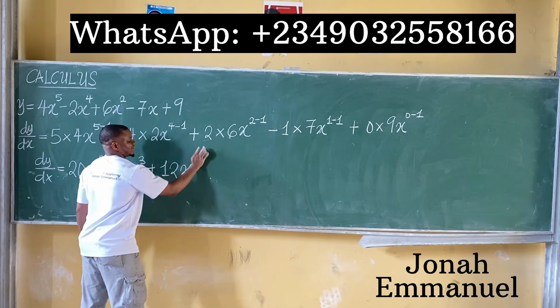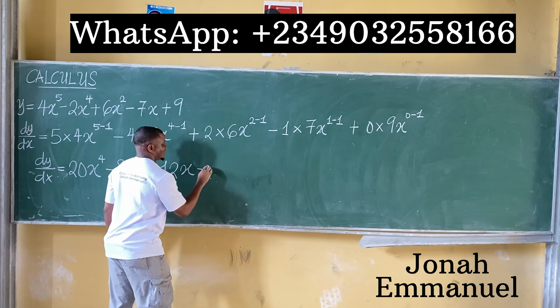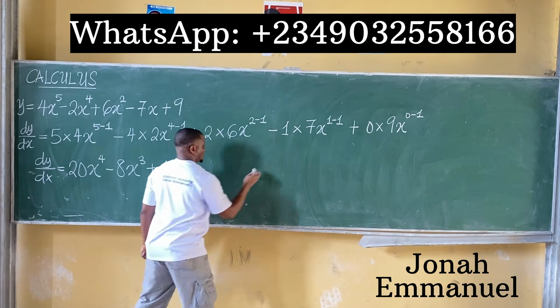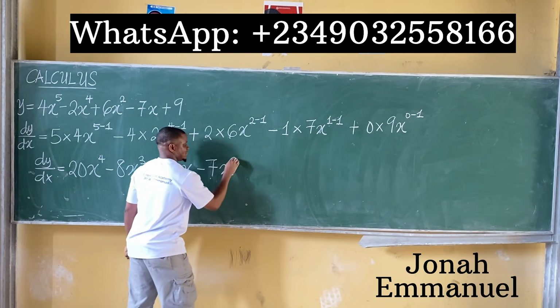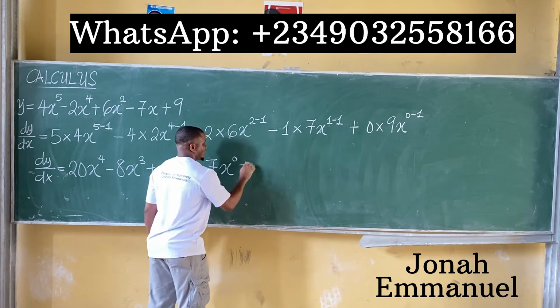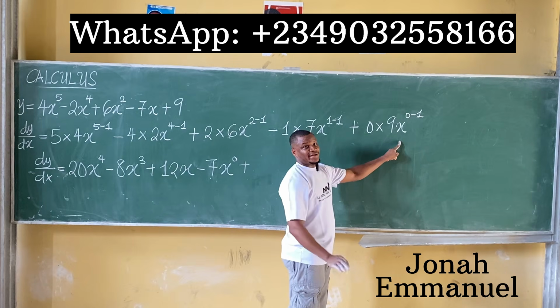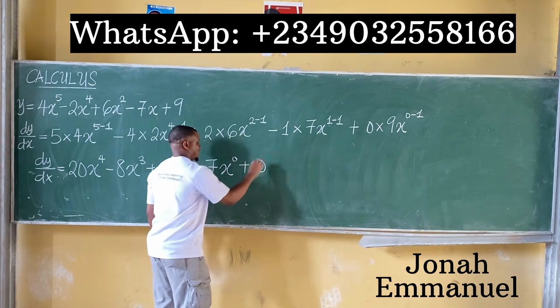And we can actually take this off. Still correct. Come to this one here, minus 1 times 7, 7, x to the power 1 minus 1, 0, plus, for this one here, 0 times anything is what there? 0, don't stress. So it becomes plus 0.